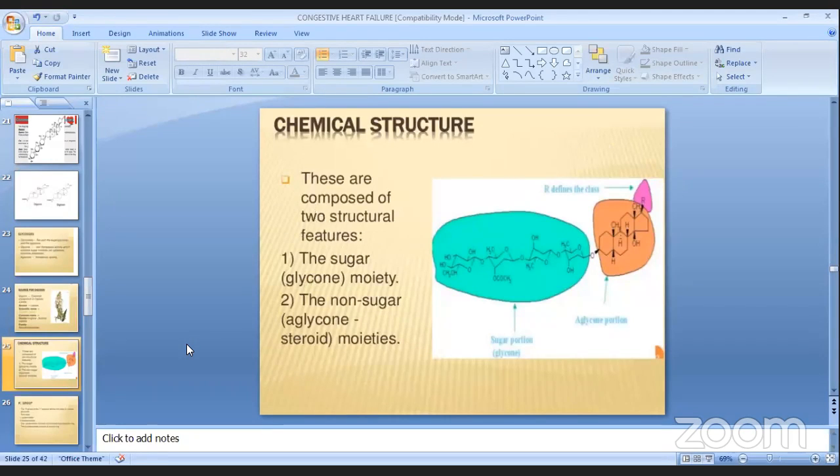So a sugar molecule is there, and the non-sugar part is called aglycone. The sugar part is called glycone. The aglycone part is basically a steroidal moiety, and in the 17th position there is one lactone.